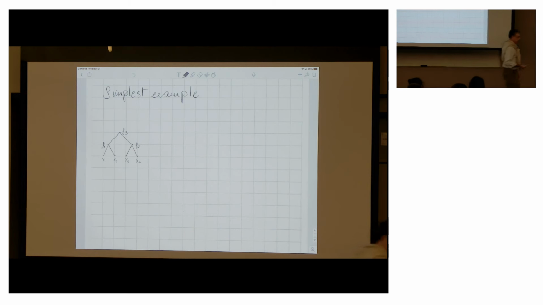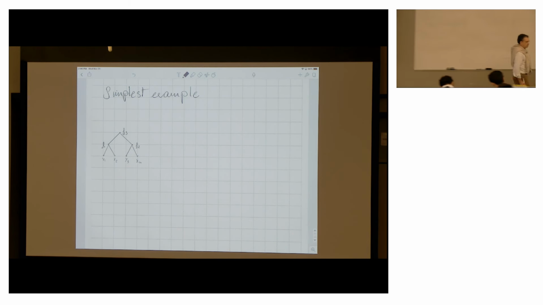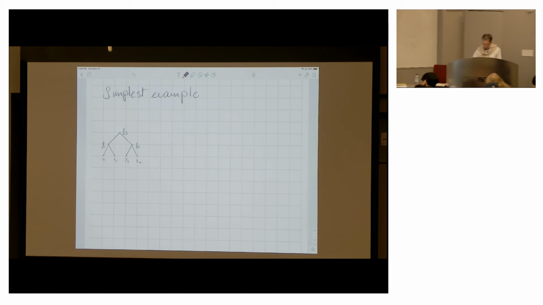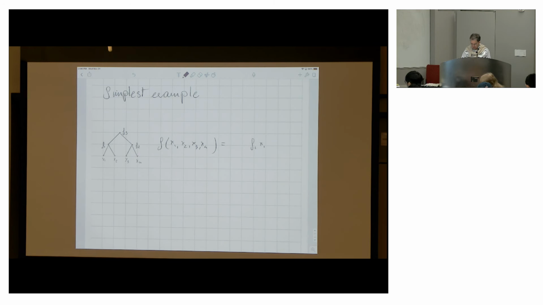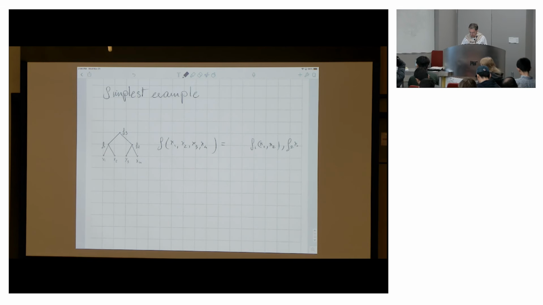So this function of 4 variables can be written as a function f1 of x1 and x2, another function f2 of x3, x4, and a function of both, right?